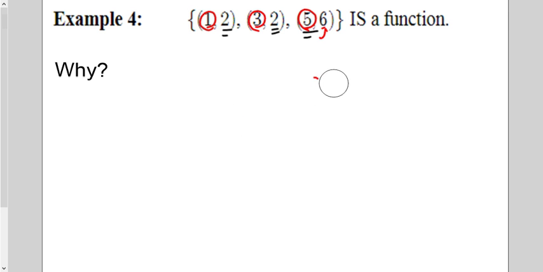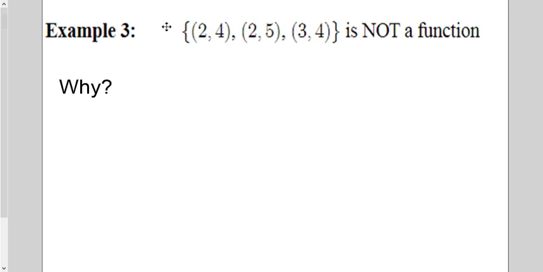So each one of these x values has a very specific and special y value attached to it. So the easiest way is this. When you go through these relations, again, I've said it once and I'll say it again, look at your x values. If no x values repeat, then it is a function. If the x values do repeat, like this situation right here, quickly check their y values.